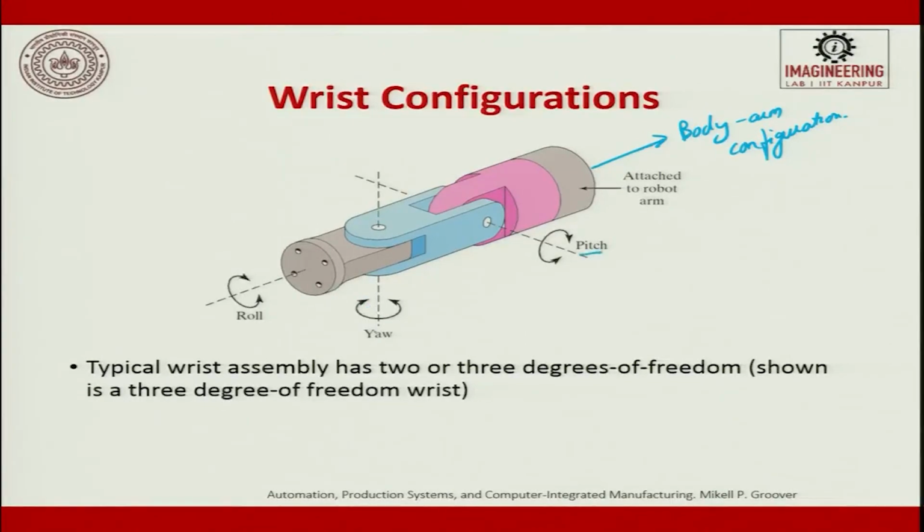So, pitch, yaw and roll, all the 3 are rotational. Pitch is this, roll is this and yaw is this. Typical wrist assembly has 2 or 3 degrees of freedom. What is shown here is 3 degrees of freedom. You will also have 2 degrees of freedom. Just exactly pick and place, you can have 1 degree of freedom also.